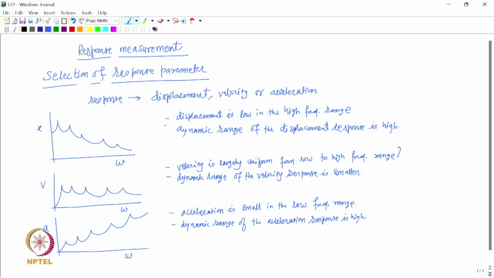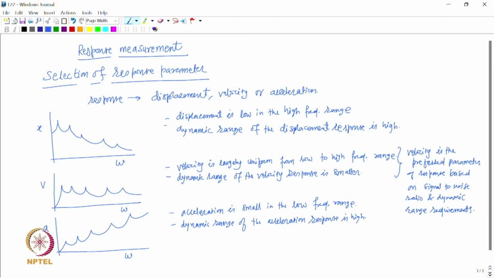So, we say that velocity is the preferred parameter of response, based on signal to noise ratio and dynamic range requirements, correct.